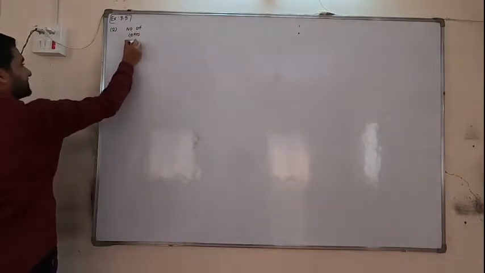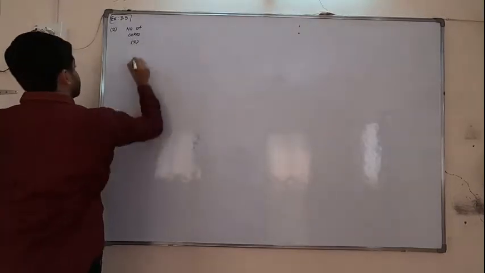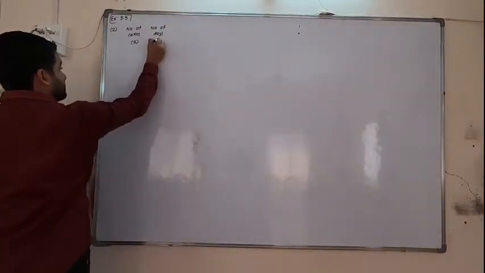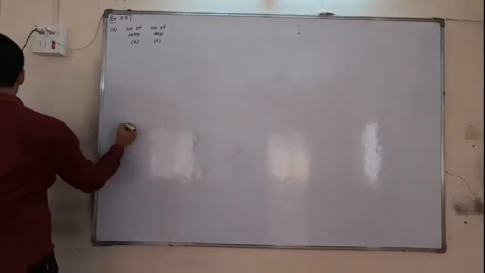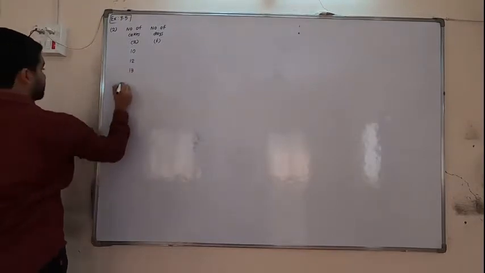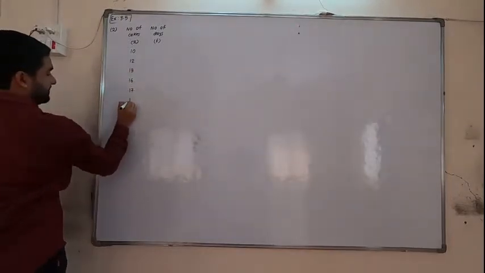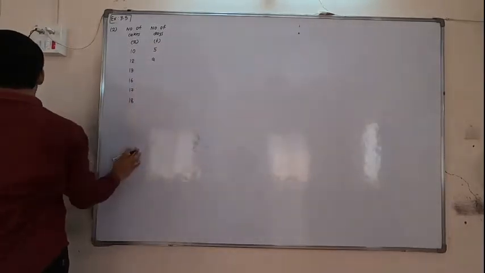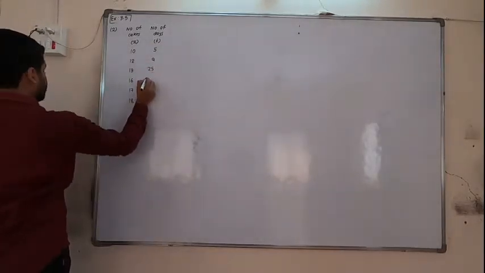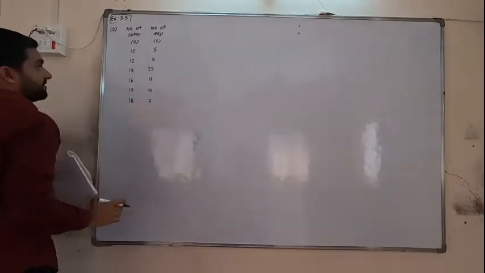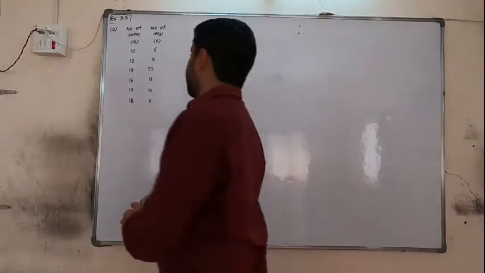Number of cakes is X, number of days is frequency. 10, 12, 13, 16, 17, 18, with frequencies 5, 9, 25, 16, 10, 7. We don't have to make any column as we have to decide the mode on the basis of frequency only.